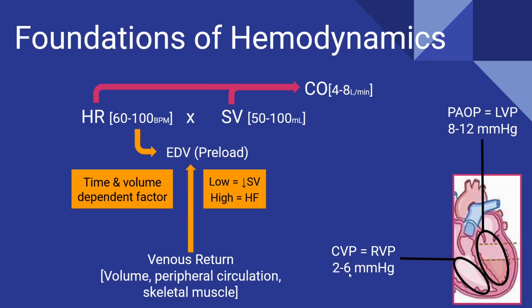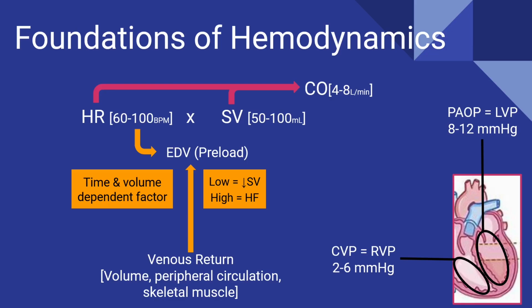If it's a high number, that means something's backed up. So when we think about central venous pressure, this pressure right before the right ventricle, that's the amount of pressure we're pushing against the right ventricle. So it's like a camera. When you take a picture, you're looking at something.